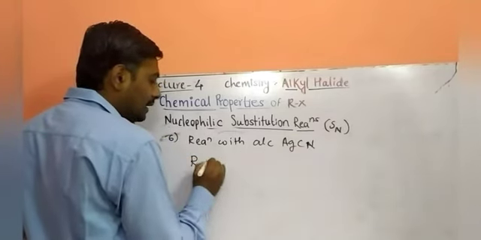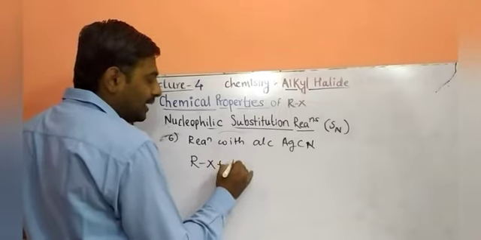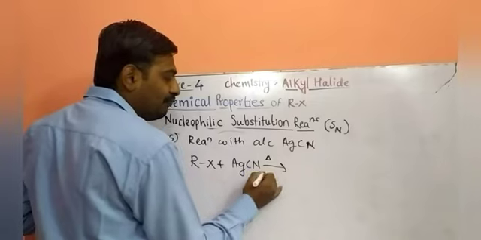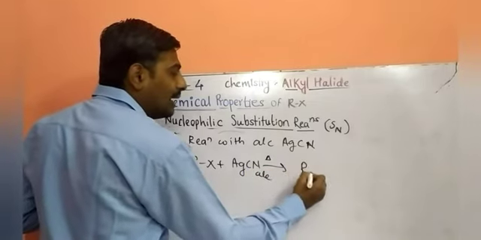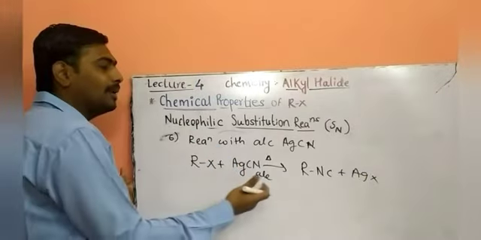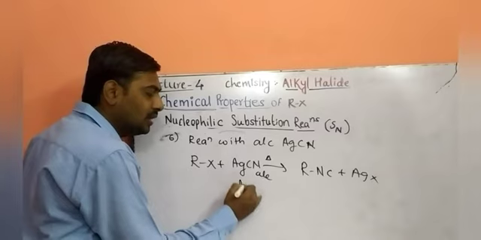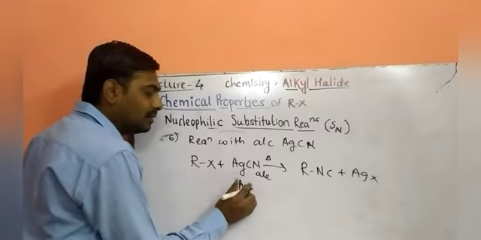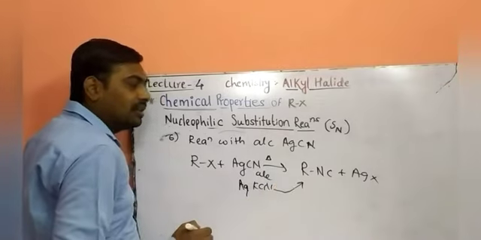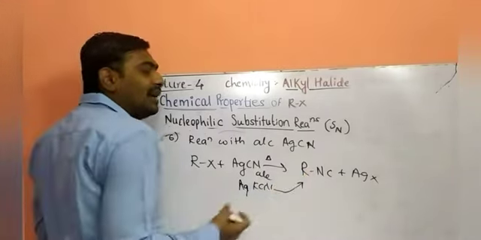Again the same, alkyl halide reacted with AgCN, but this time it will give RNC plus AgX, or you may obtain the same product with the help of aqueous KCN. In the previous reaction, what did we use? In the previous reaction, we used alcoholic KCN. Use isocyanide as a product.